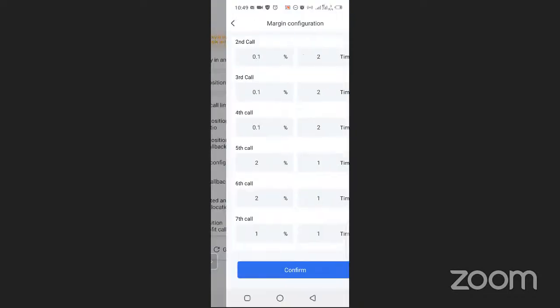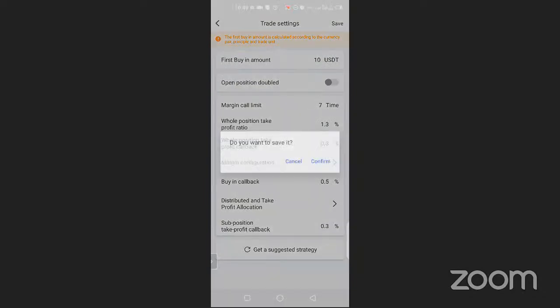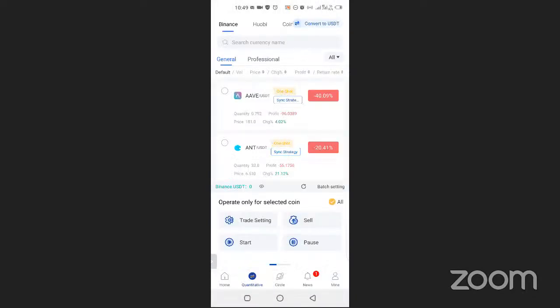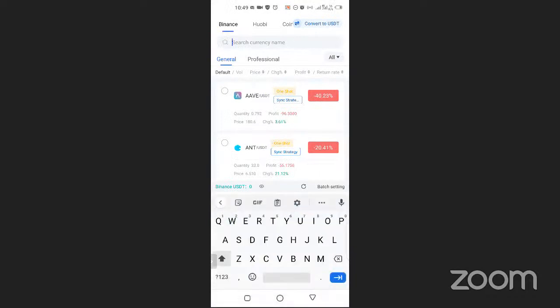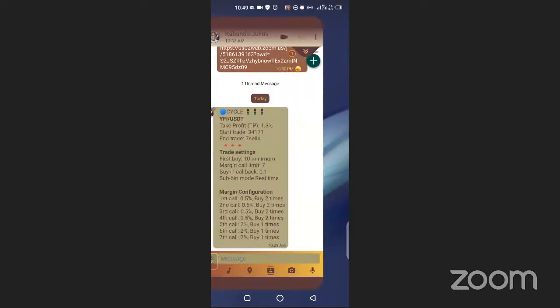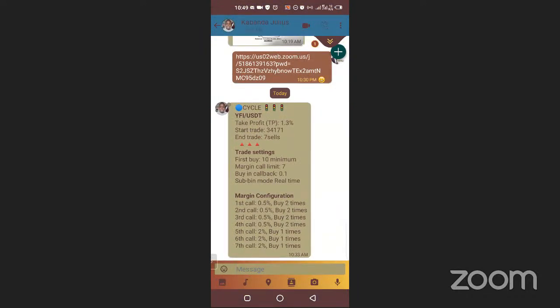Okay, let's go back now. Cancel. I'll come here and search for the coin. Now you see these coins are 2. Now your eyes should be very keen. This is YFI.